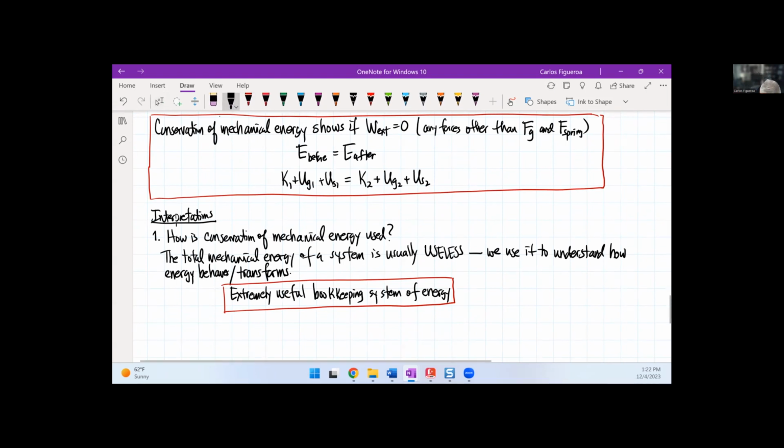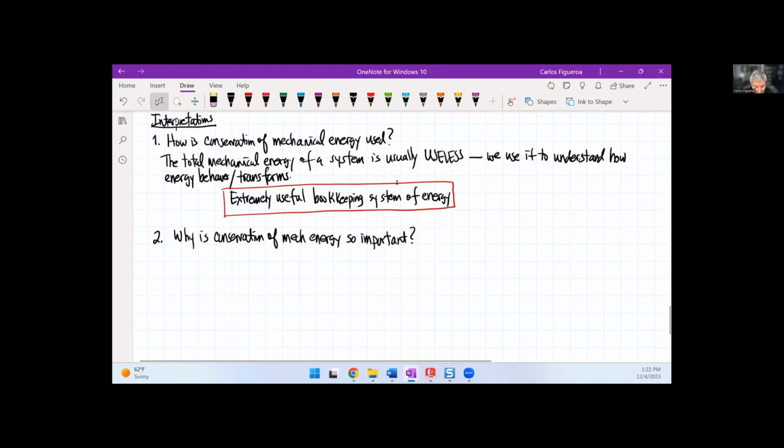And then the other thing that I think is worth saying here is, why is conservation of mechanical energy so important? The thing about it is that every interaction, we can only measure two things.